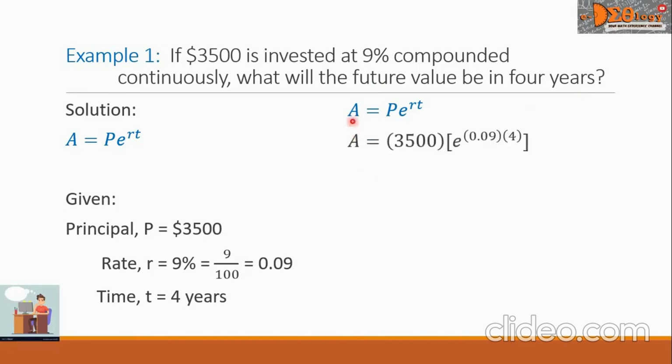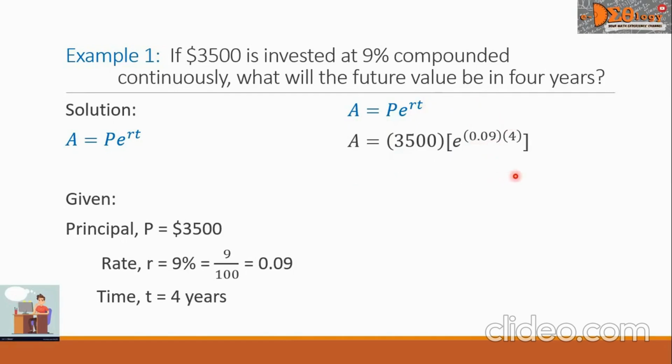So we have capital A equals, the P is now changed into 3,500 times the constant E that is raised to the product RT. The R is now changed into 0.09 times the time, which is 4.